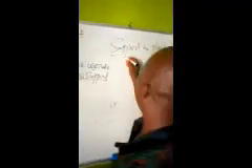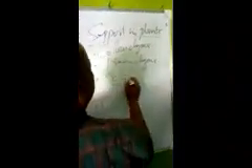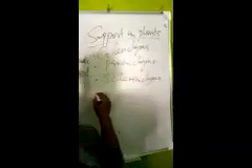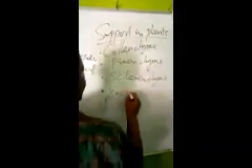These parts include collenchyma, parenchyma, sclerenchyma, and xylem. These four parts give support to plants.